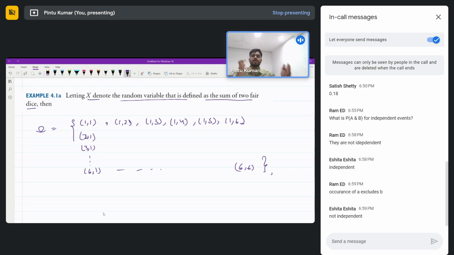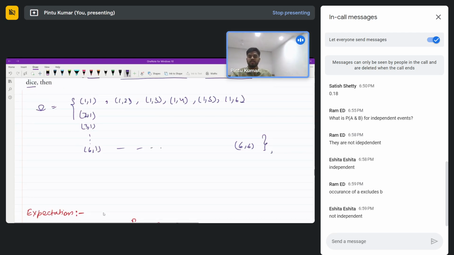This is a very big sample space, and if you are just interested in the sum of whatever you get on the dice, why worry about this big sample space, right? So you can define the random variable as the sum of two dice. What are the values that this sum can have?